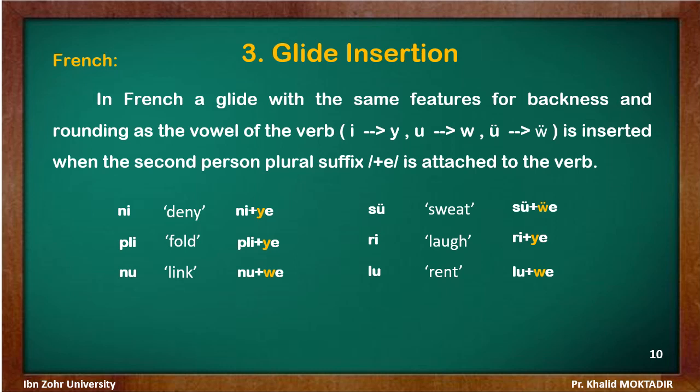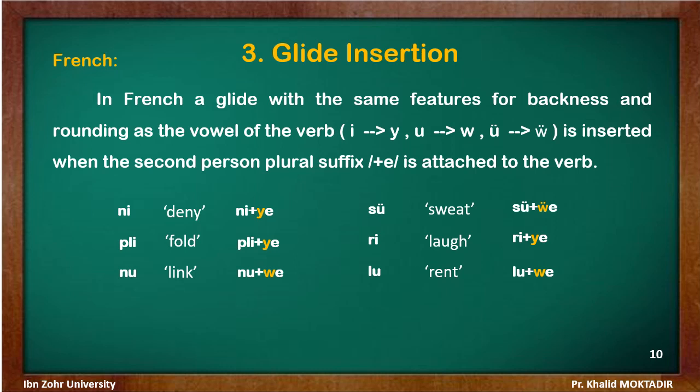The same case happens in the verb pli, fold. Now look what happens in nu. The vowel of the verb is u, which is plus back, plus round. And as we add the infinitive suffix a, we end up having two contiguous vowels. That is a situation of hiatus. Now French inserts the glide that has the same features for backness and rounding. That's the glide w.